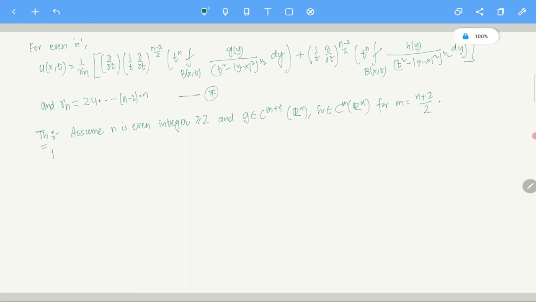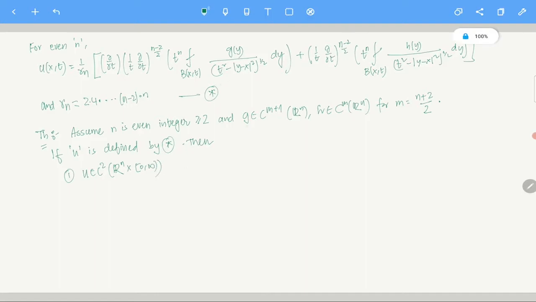Now if u is defined by star, then number one, u of course is in C^2 of R^n cross (0, infinity). Clear? So basically u will be in C^2.